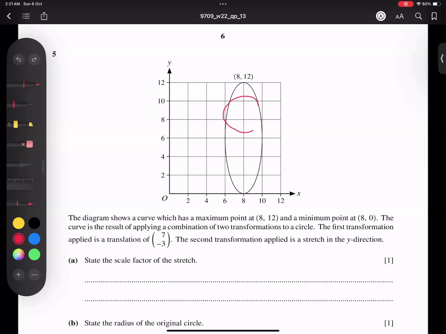The circle could be here or here, it could be anywhere, but I think it must be here, touching. So this is the circle I must get.